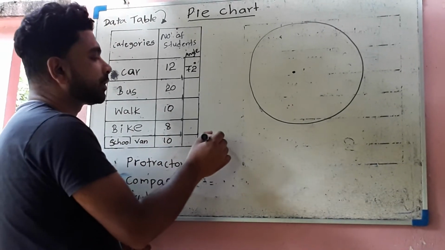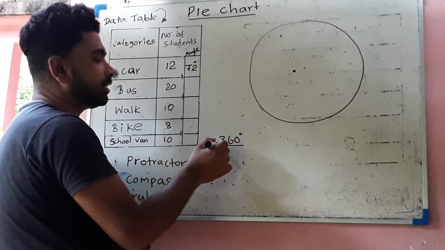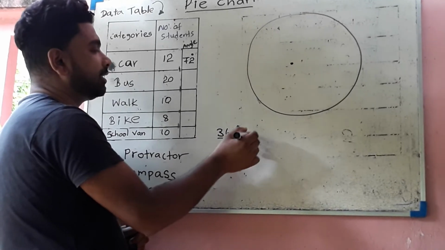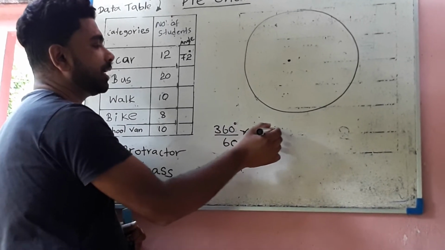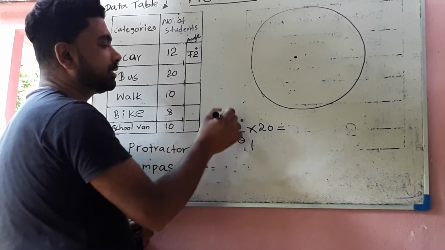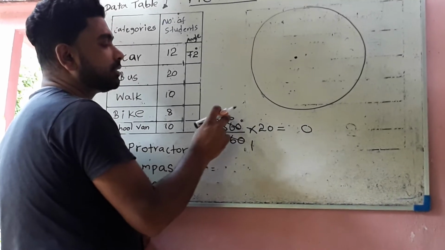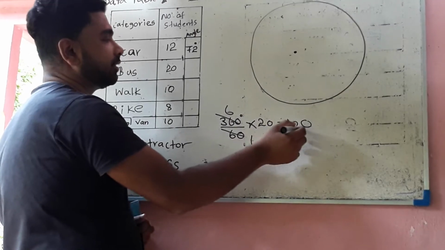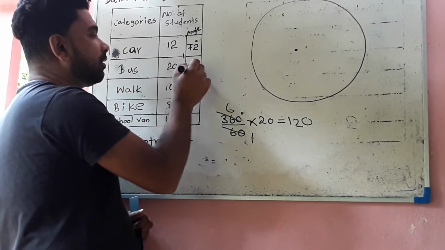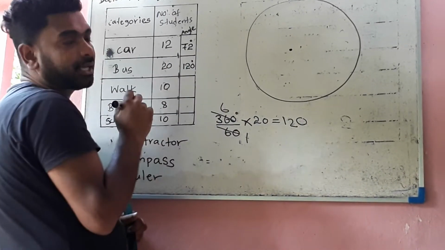Here 360 needs to be divided by 60 and multiplied by 20. Here 1, here 6. 6 into 0 is 0. 6 into 2 is 12. Then here you need to draw a 120 degree angle.